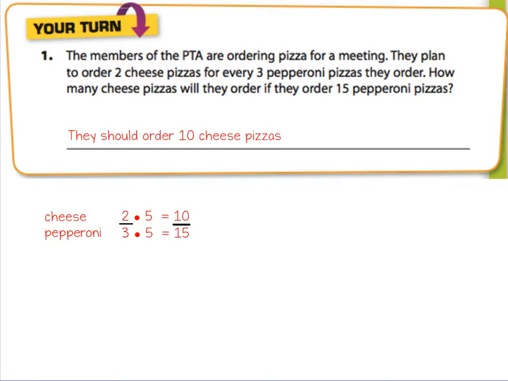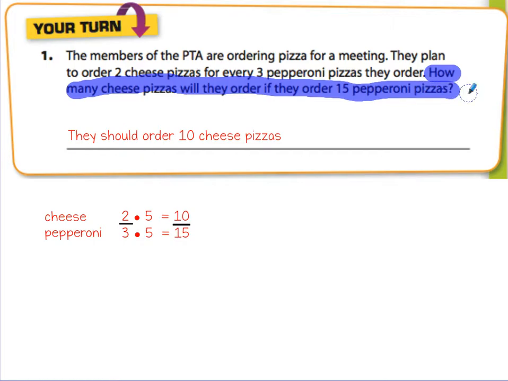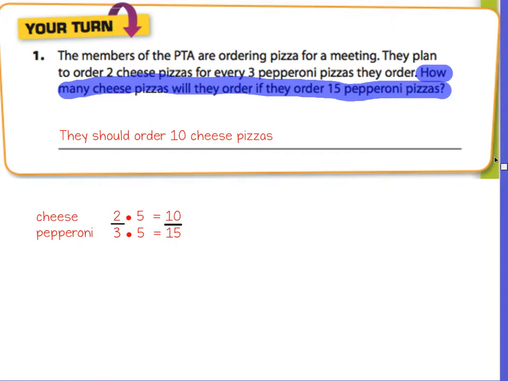All right, so you should have found that you highlighted how many cheese pizzas will they order. If they order 15 pepperoni pizzas, you should have boxed your important numbers being 15 and then 2 for every 3. And then important words in this case, for every.